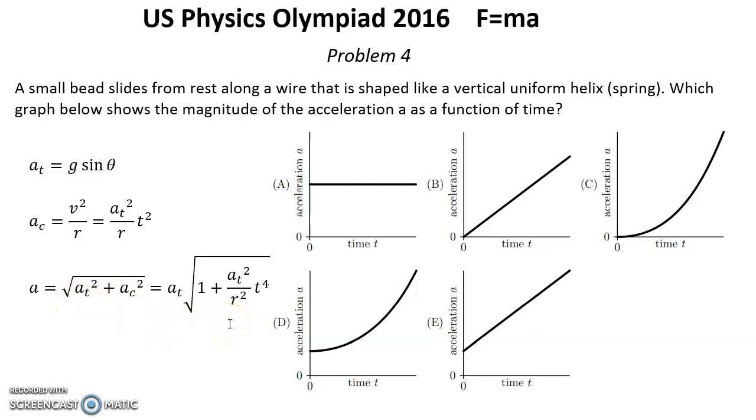And if we look at the graphs, the best match is graph D, which is equal to some kind of constant at zero time, and goes like a parabola asymptotically. So that's the only case, D.